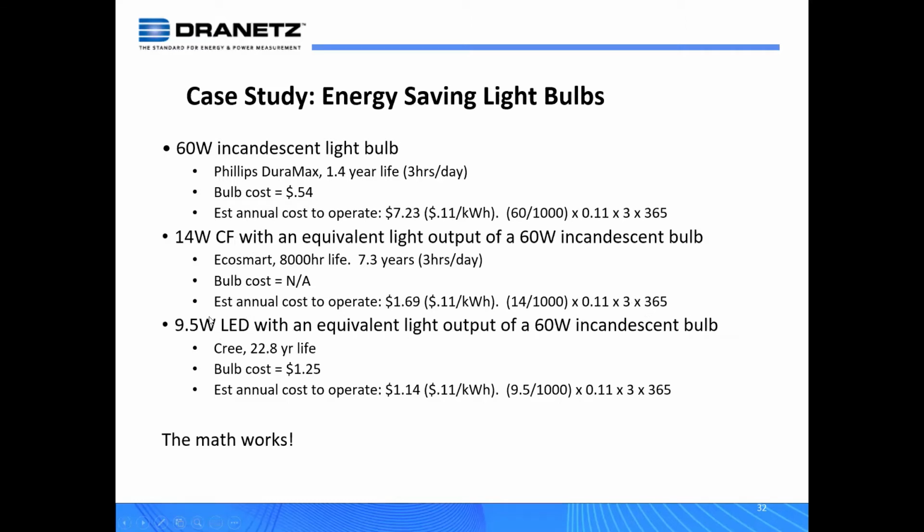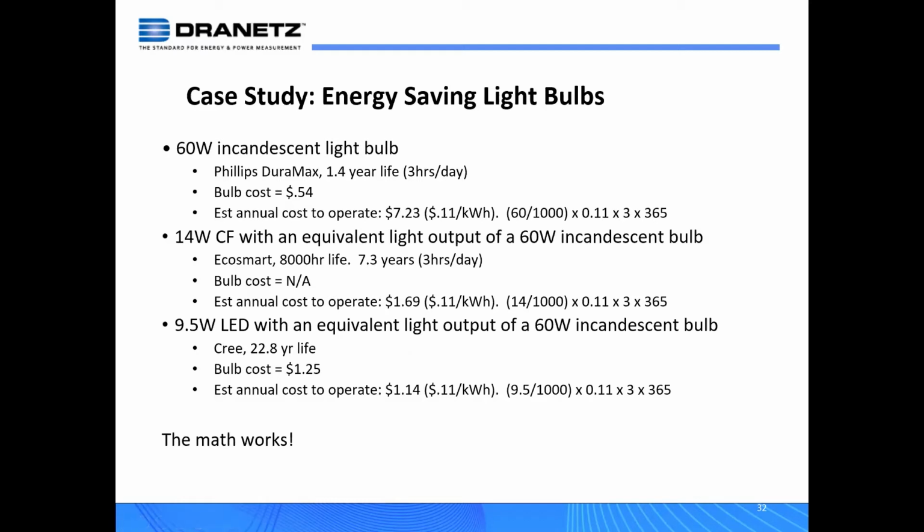Even better is the approximately 9.5 watt LED bulb, which in this test cost $1.25. This was a couple years ago; I'm confident it's even less today. The estimated annual cost is a little over $1, it's $1.14. So just by unscrewing that 60-watt incandescent bulb and screwing in that LED bulb, we're saving $6 or more a year just for that one light bulb.